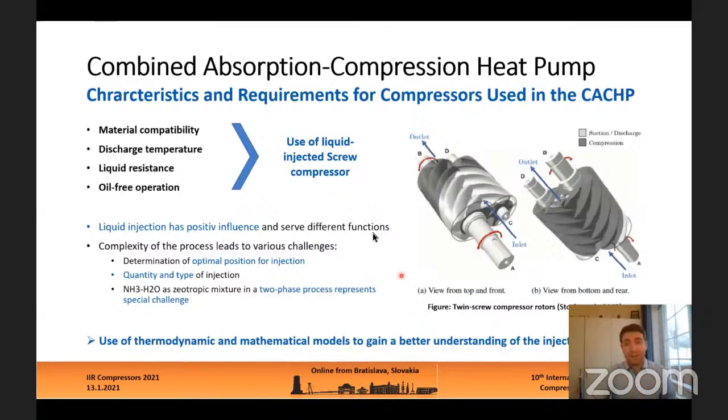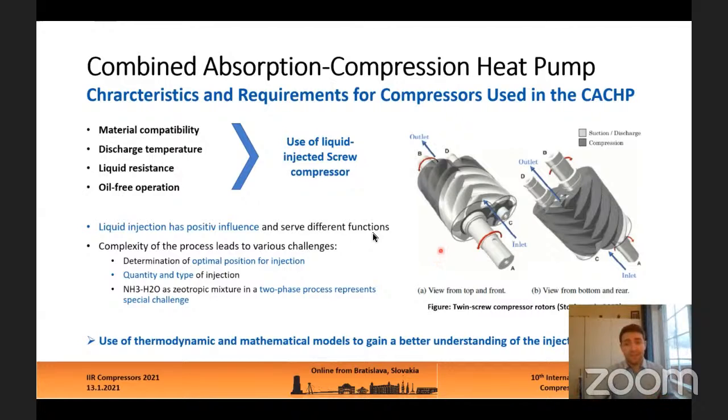Here on the right side, you see a schematic representation of twin screw compressor rotors. The suction side is here, then the gas gets sucked in, compressed, and discharged to the outlet. The liquid injection itself has a positive influence and serves different functions in this process.